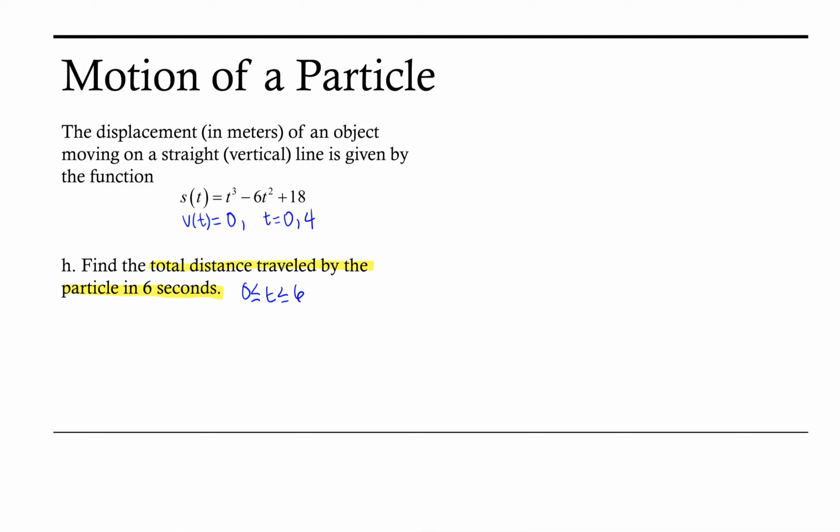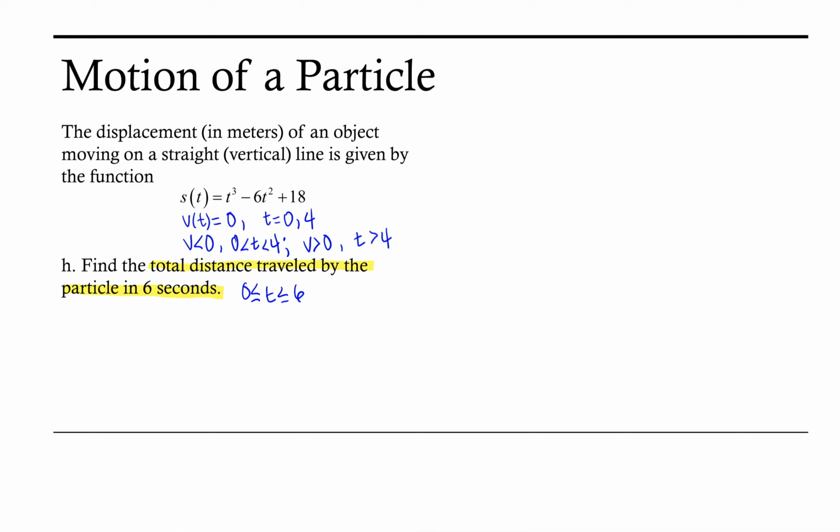We also know that the velocity was negative on the interval from 0 to 4, and the velocity was positive on the interval from 4 onward.